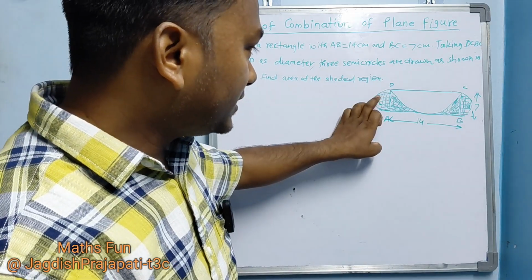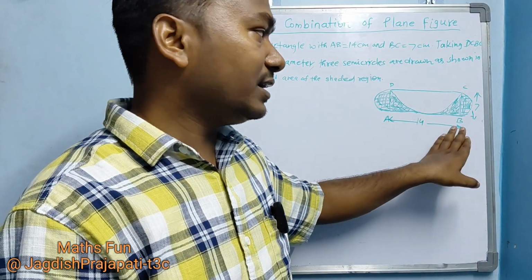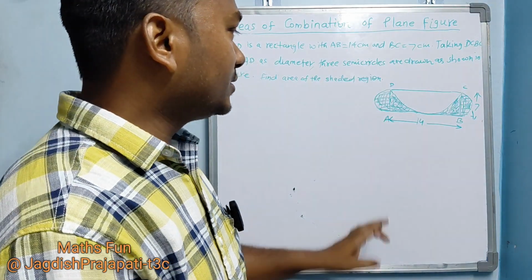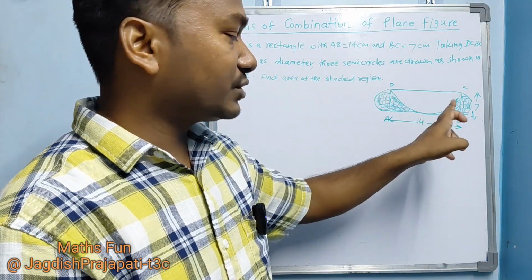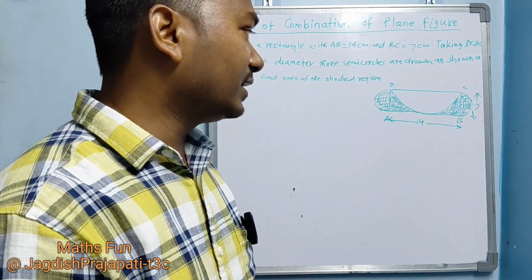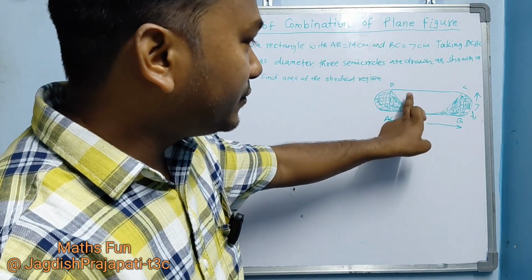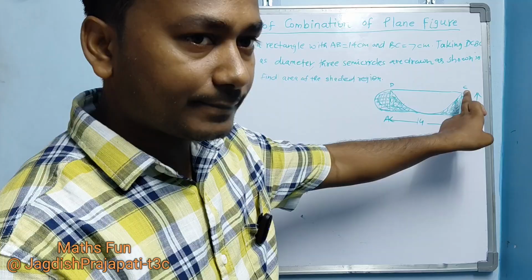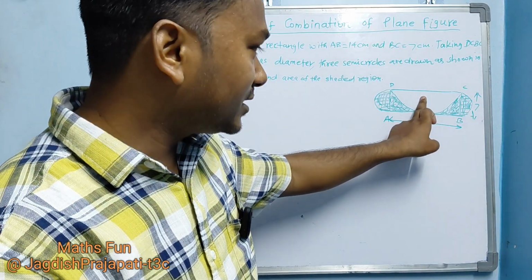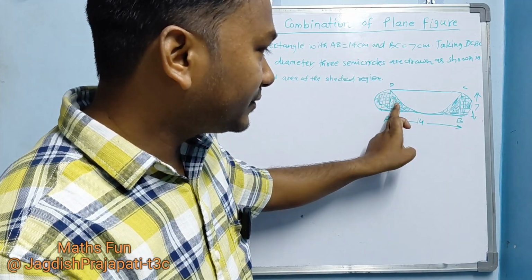Since these are semicircles with the same radius, together they constitute one complete circle. So this area will be pi r square if r is the radius of this small semicircle. Since this is also a diameter, this is 14, so we can find out the area of this semicircle. And you subtract the area of the semicircle from the area of the rectangle, so you can find out this shaded part.